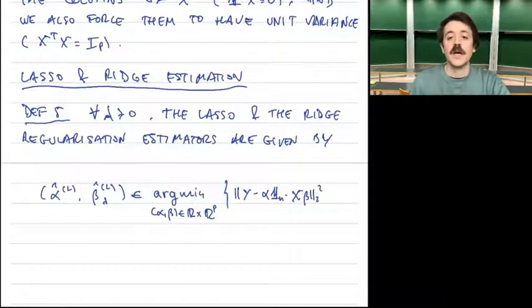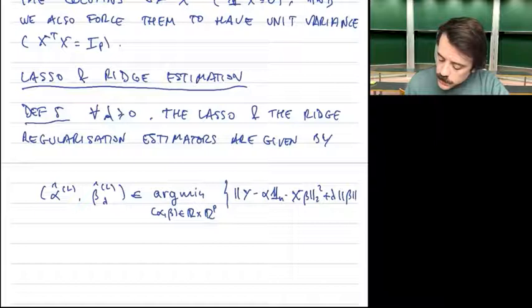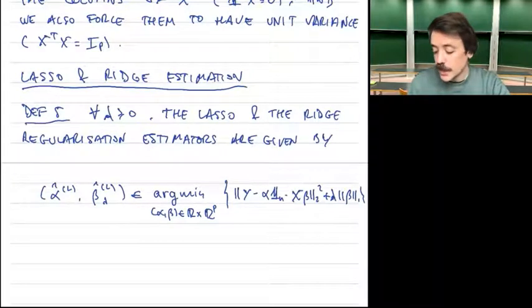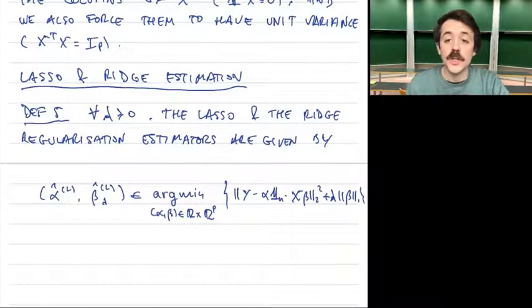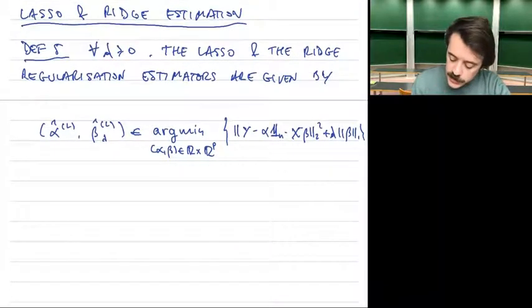Okay, and we're going to add to this a penalty term. So this is lambda as usual. And what we've done is to add the L1 norm, the small L1 norm. I will comment on this in a sec.